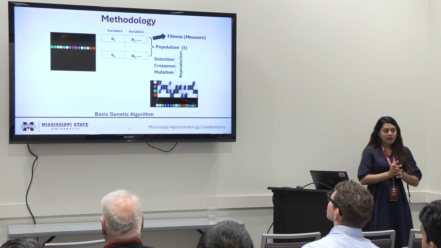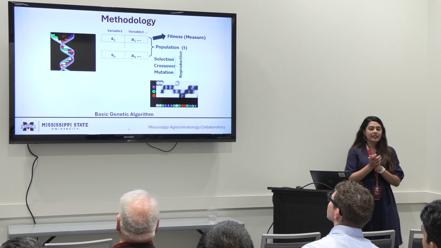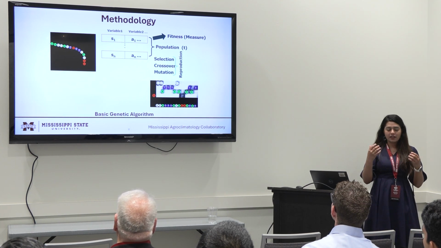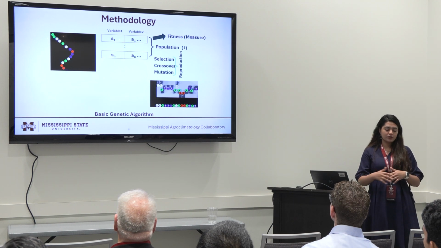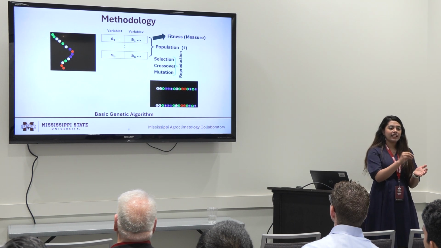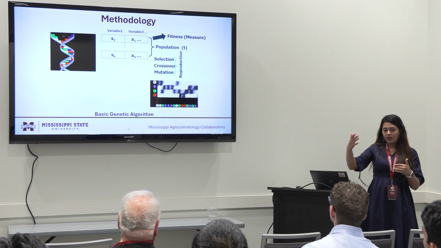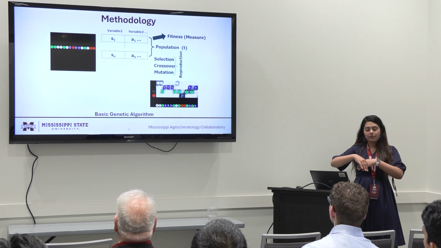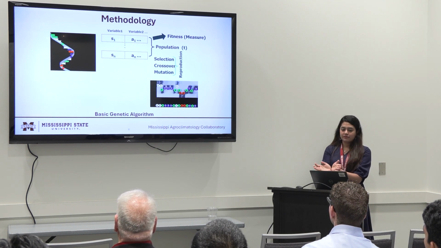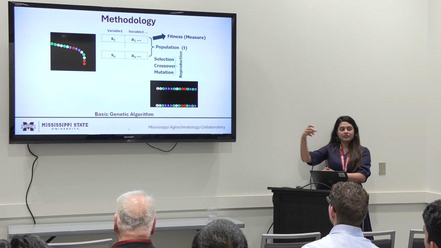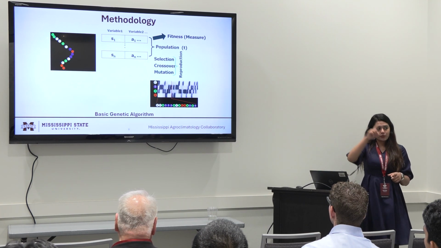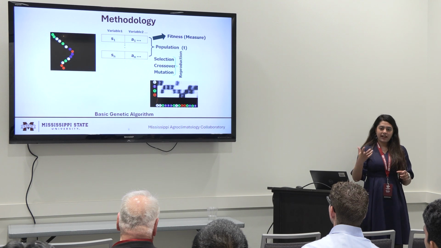So let's talk about the basic genetic algorithm. In crop breeding, when a breeder is developing a variety, from a pool of population, the breeder selects the best characteristics. So it's selection, and then it goes through crossover and mutation, and it develops a certain pool. And from the F1 generation, it again selects the varieties, repeating the process until we get the desired varieties.